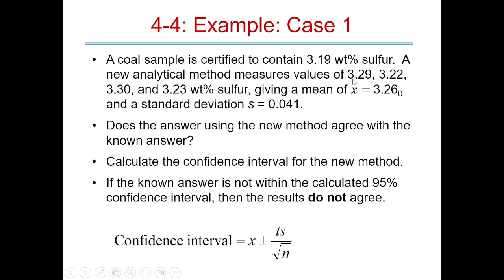We count these, right? 1, 2, 3, 4, right? Okay. So if the known answer is not within the calculated 95% confidence interval, then the results do not agree. In this case, we're going to use a 95% confidence interval, which is pretty standard.